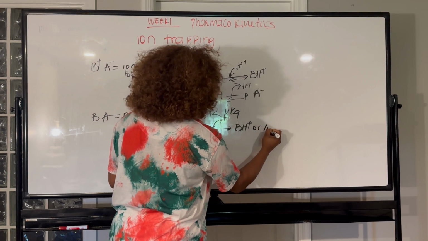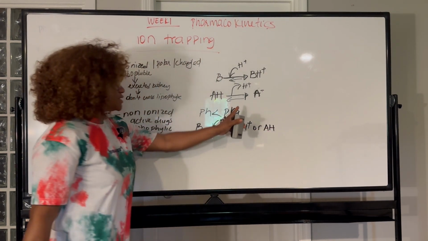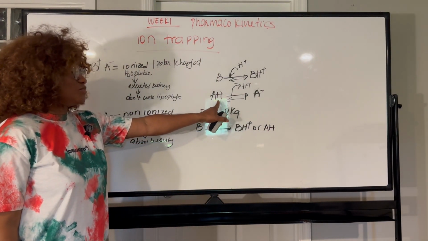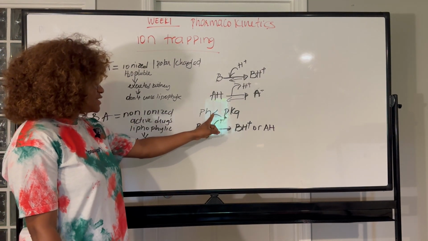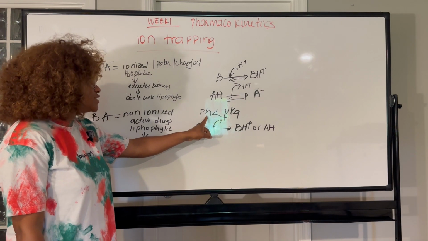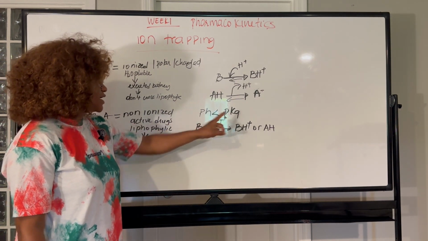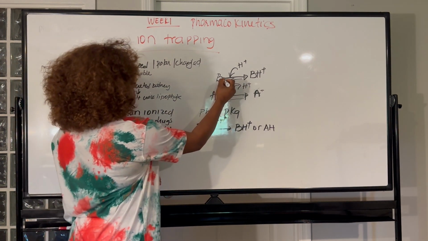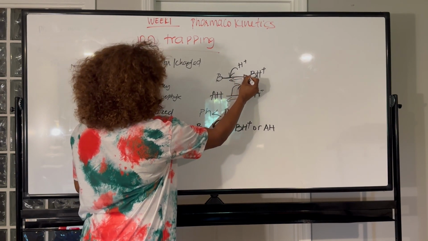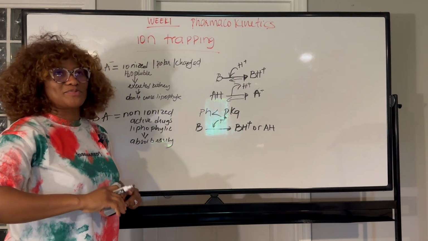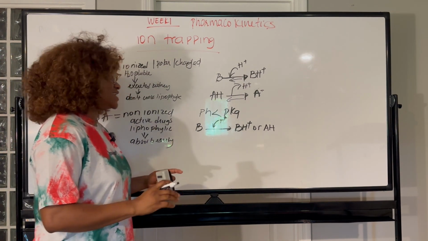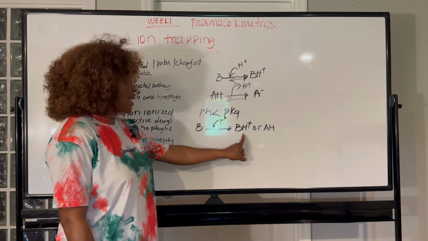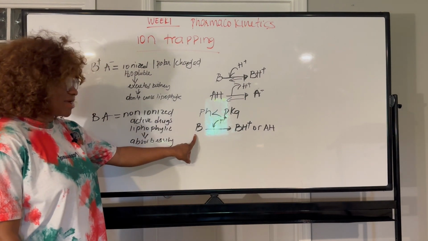It's gonna be the reverse with the acid. So in an acidic environment, when my pH is less than my pKa, my base is gonna get a proton, is gonna be protonated. That's how we call it. My base is gonna be protonated, and I'm gonna have an ionized form of my base.